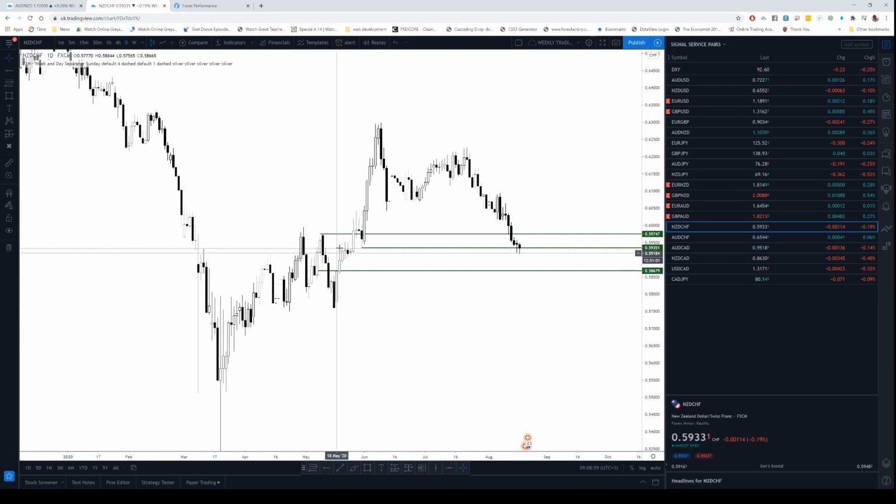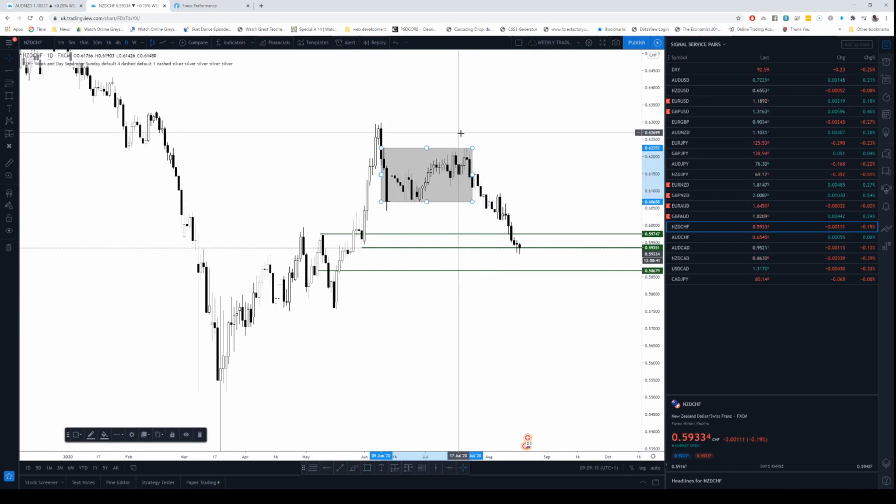And then we had expansion, and then a retracement, and after the retracement we went into consolidation again. All this in here is a consolidation period, because price is not doing anything. And now we've had expansion to the downside.